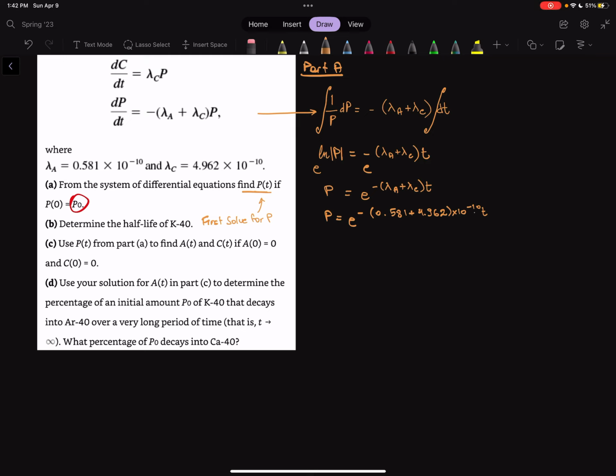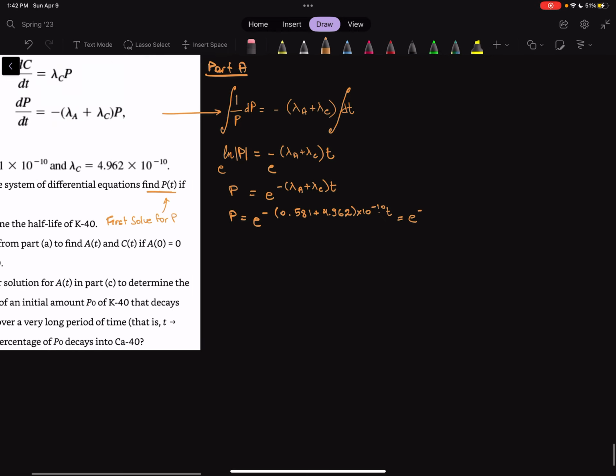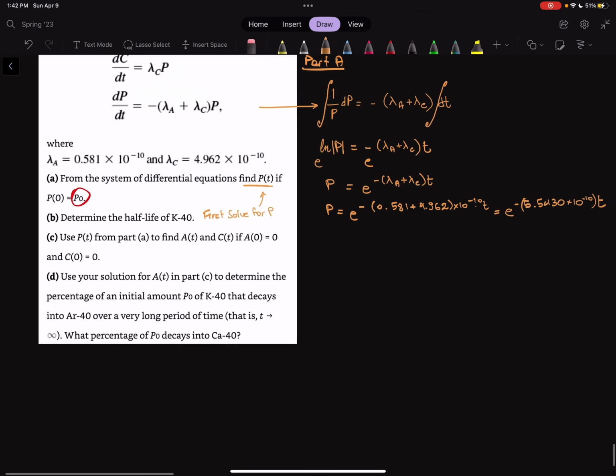So let's do that real quick: 0.581 plus 4.962. That's going to be the same thing as e to the negative 5.543 times 10 to the negative 10 times t. And now we have answered A.